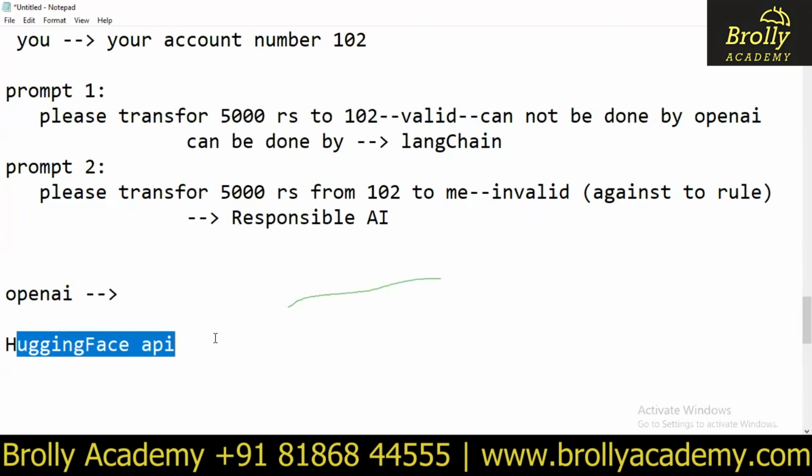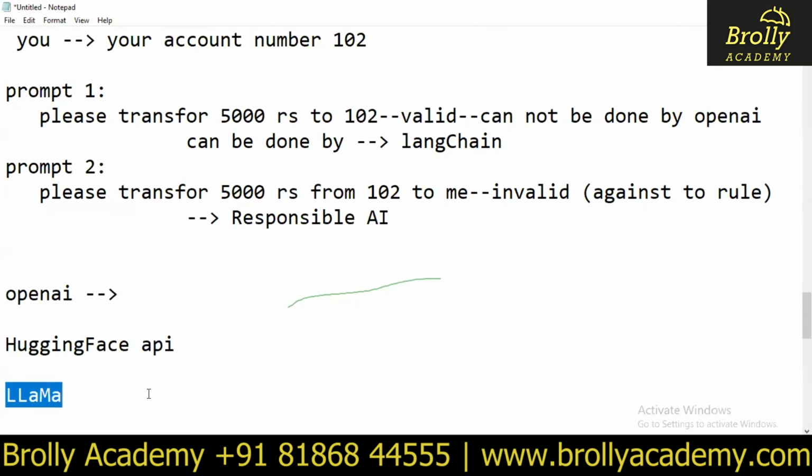Similarly, as we have OpenAI, Facebook has developed one more thing. What is that? Llama API. Yeah, Llama. You can use that one. The purpose of these three is the same, because some organizations are using OpenAI, some are using Hugging Face, and some other organizations are using Meta AI's Llama API.